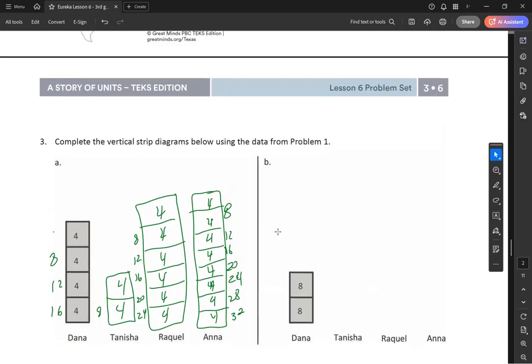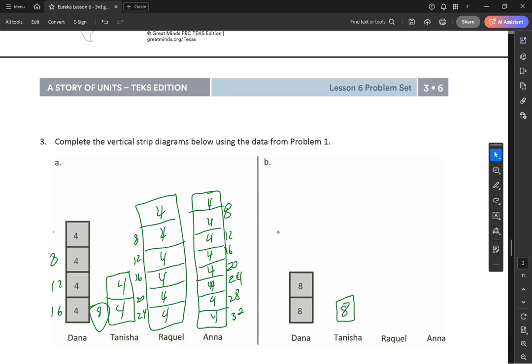B. Now, if you look at B, B's different. They're using 8s. Okay? They're using 8s. So we have to switch that up. What's the difference? It's going to be pretty much half of what we already did. So Tanisha had a total of 8. So we only need 8.